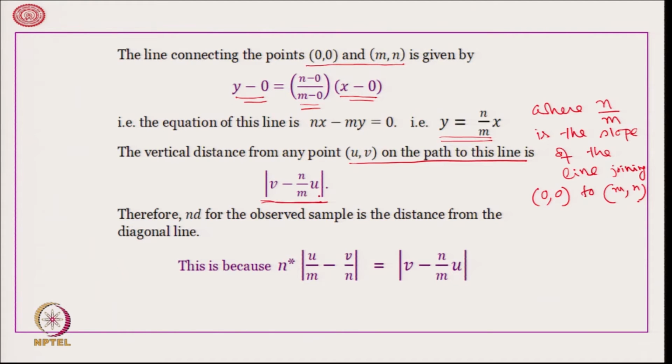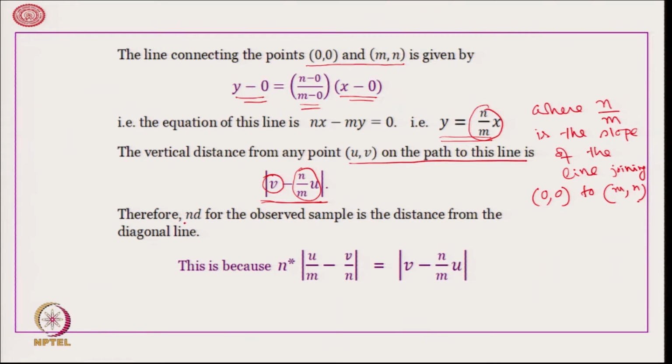Why? Because given u v on the point, for the point u the corresponding value of y is equal to v, but the corresponding point on the line is going to be, because the slope is n by m, n by m u. Therefore, this is going to be the absolute difference.